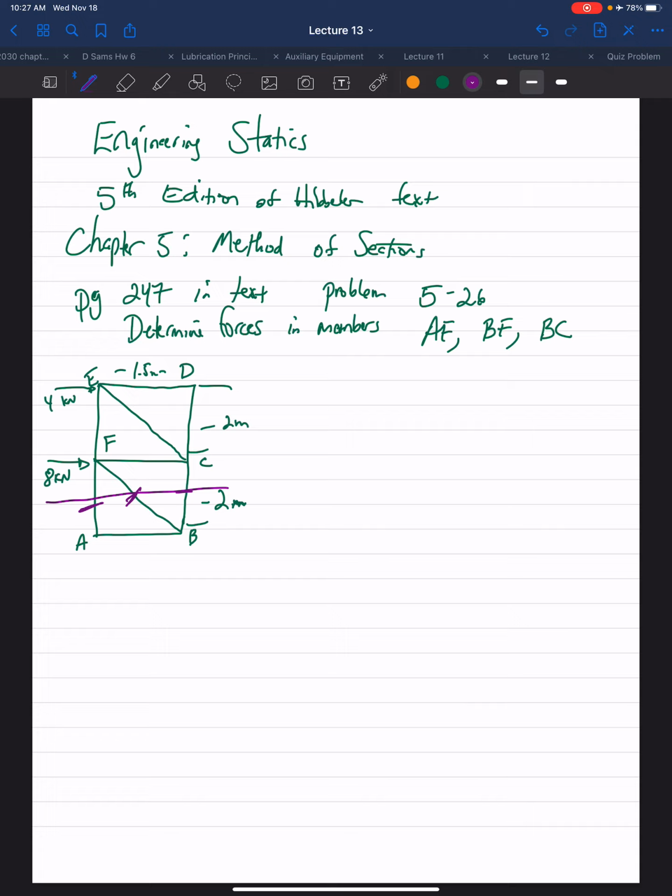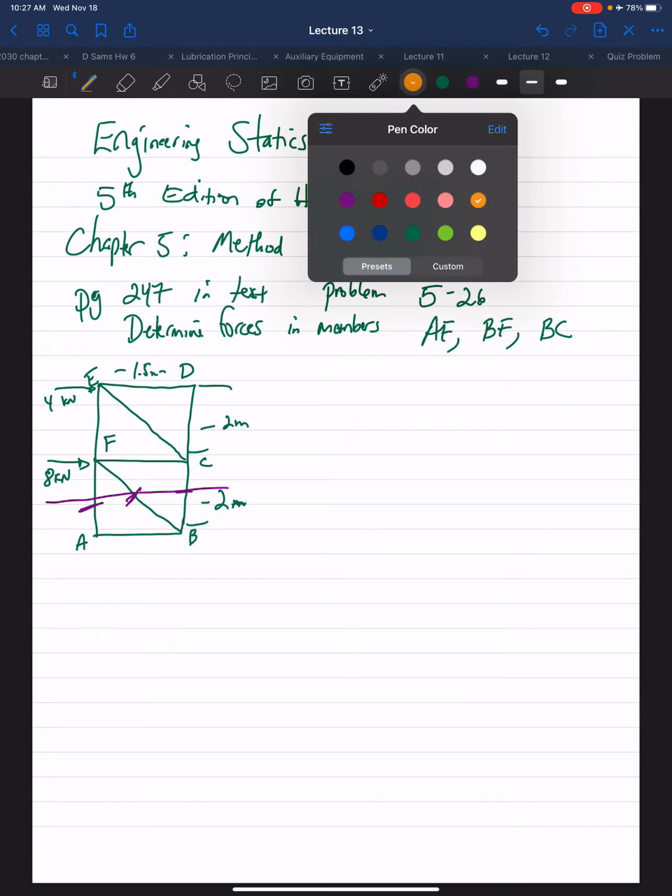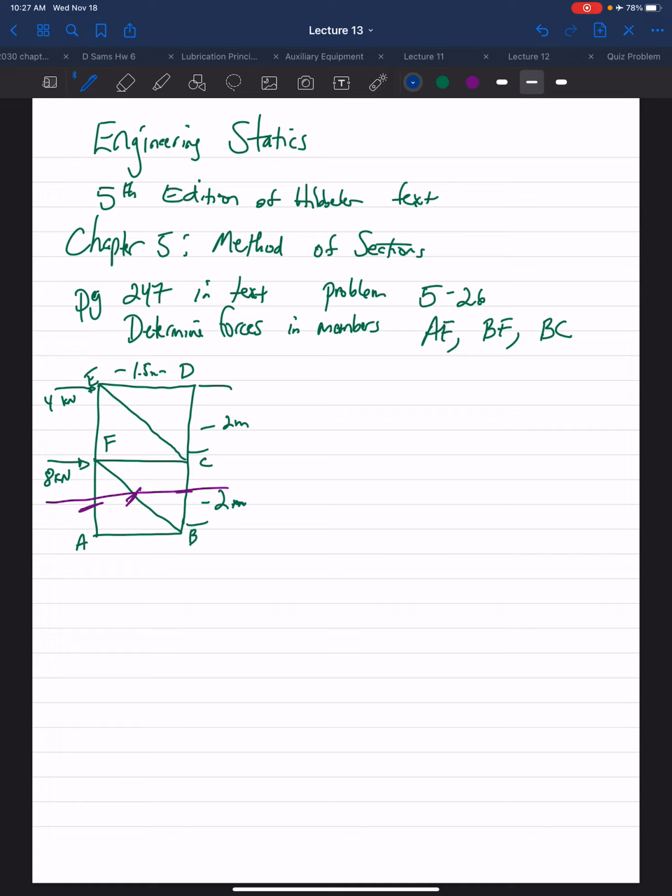Now, if we consider the top half of the truss, then we do not need to worry about the support reactions at the bottom, at A and B. So then, considering that fact, let's redraw it.